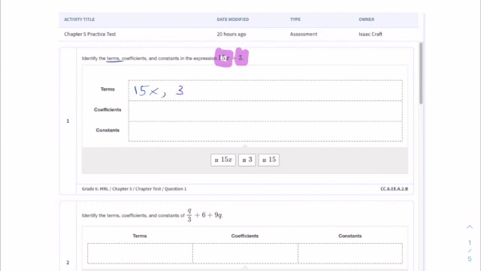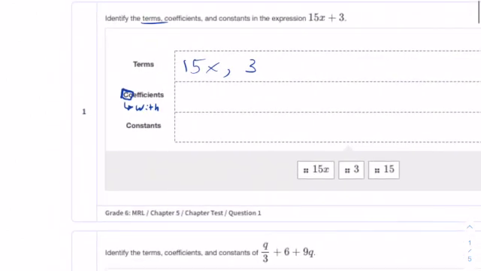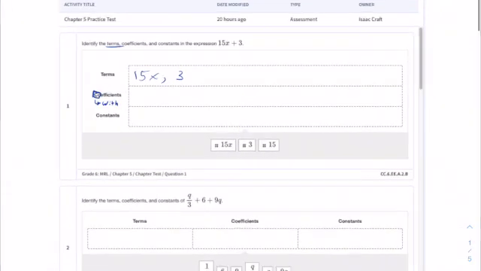Coefficients. For coefficients, I always remember the prefix co, which means like with. It reminds me that coefficients are numbers that go with a variable. If I look at my expression, I have one number that's by itself, and I have one number that's with a variable. So my coefficient here is 15.